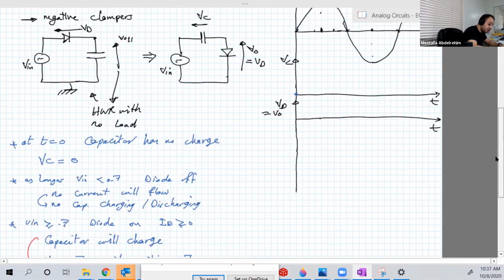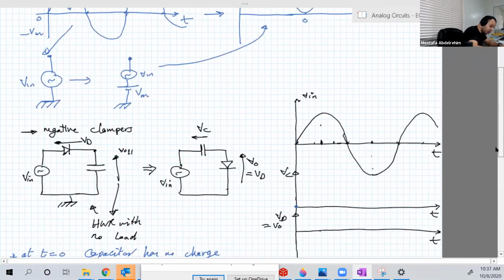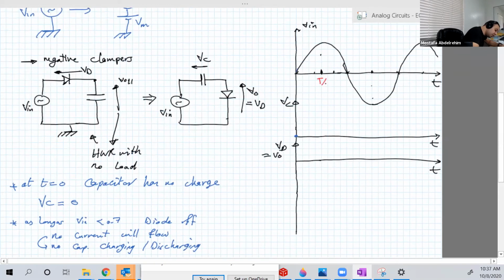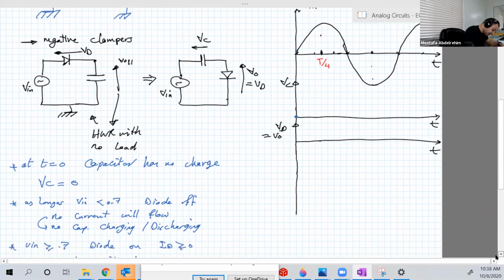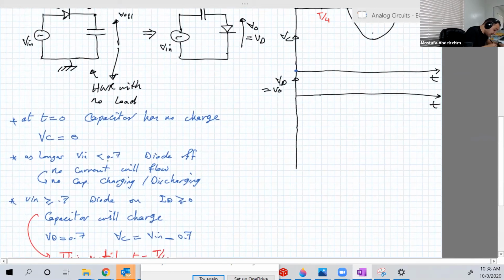So let's draw this until t equal to T over 4. Let's draw VC. At t equal to 0, when V input is less than 0.7, we said that there is no charging or discharging, so VC is equal to 0, and if we apply Kirchhoff, VD, or V output, is equal to V input.